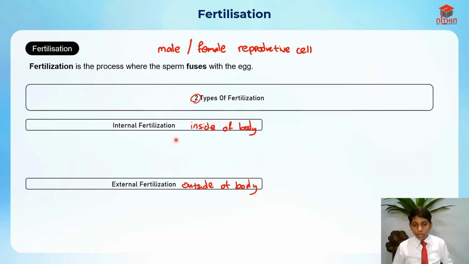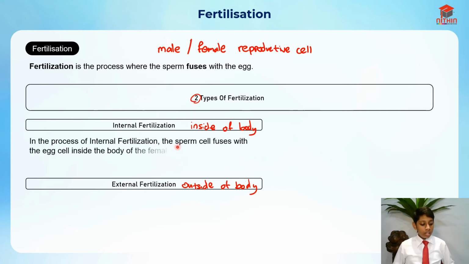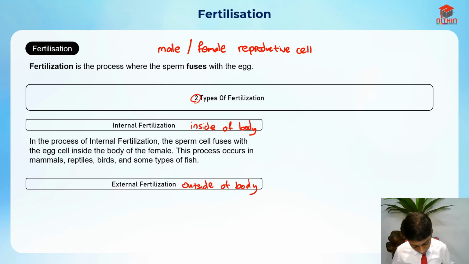First let me go through internal fertilization, which happens in humans and many other animals. In the process of internal fertilization, the sperm cell fuses with the egg cell inside the body of the female. This process occurs in mammals, reptiles, birds, and some types of fish. Okay, so only some types of fish. So this is important.